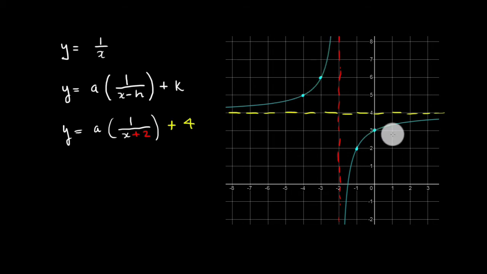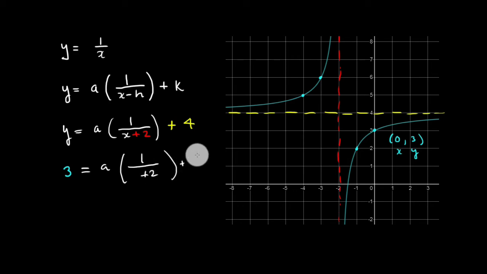But if I use this ordered pair, that would be x is 0, producing y is 3. Of course, that's an ordered pair, so that's x first and y second. So I can input this information, a 3 for my y, and rewrite the rest. Of course, my x value is 0.